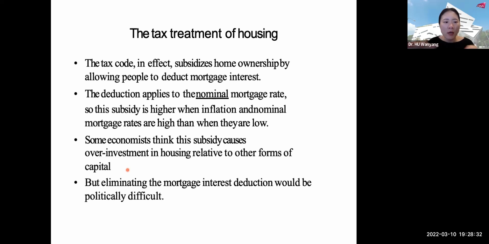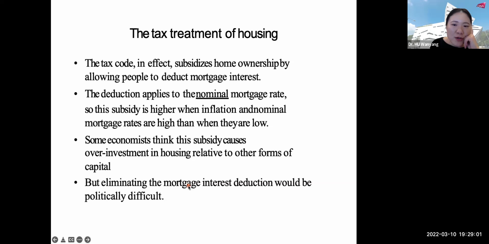You have a lot of investment options, choosing between housing, other financial intermediaries, maybe stocks, maybe bonds, or other investment venues. But because of this subsidy, housing investment becomes more attractive, so people tend to overinvest. It will induce some distortion in our investment behavior.